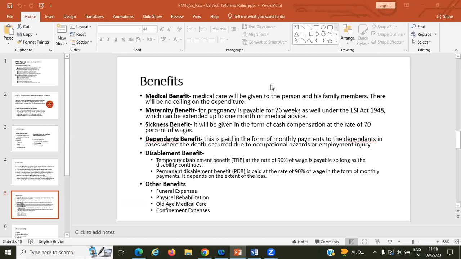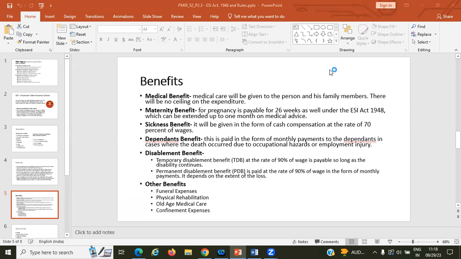The second benefit is the maternity benefit, as I told you. You can avail the maternity leave, and there are problems in maternity.